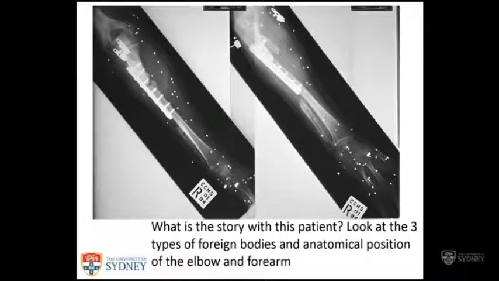Well, the first thing you notice here, I suppose you notice several things, but first of all, what you can see is these zippers. What are they? Those zippers are part of what's called an air cast.